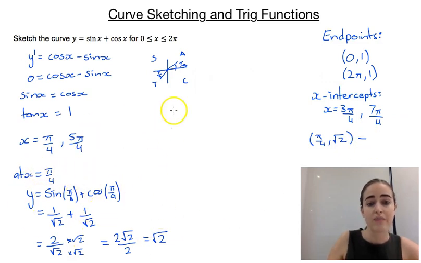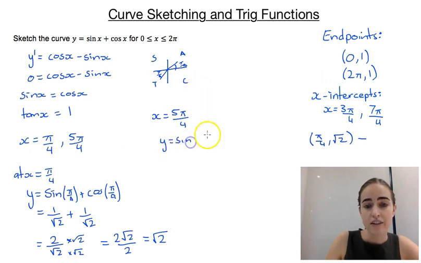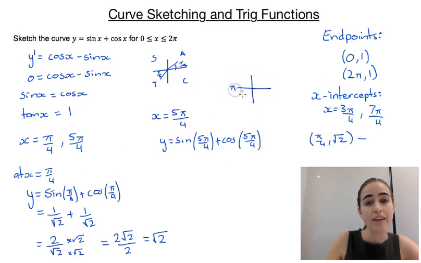Then we need to do this same thing for 5 pi on 4. So at x equals 5 pi on 4, y would be equal to sine of 5 pi on 4 plus cos of 5 pi on 4. Now drawing ourselves a little diagram, we know that here is pi, so 5 pi on 4 is going to be down in this quadrant, and our related angle would be pi on 4. All stations to central means that both our sine and our cos are negative in this quadrant.